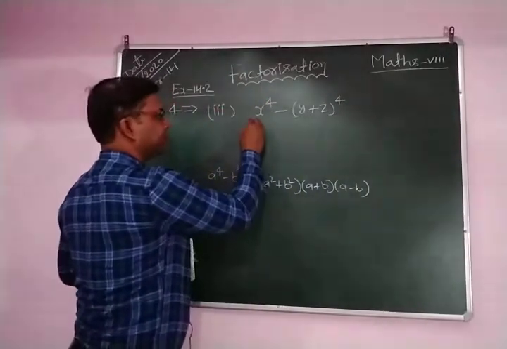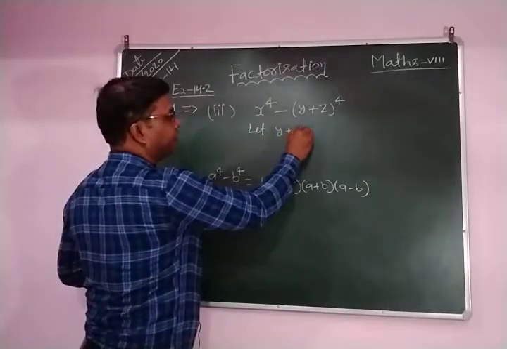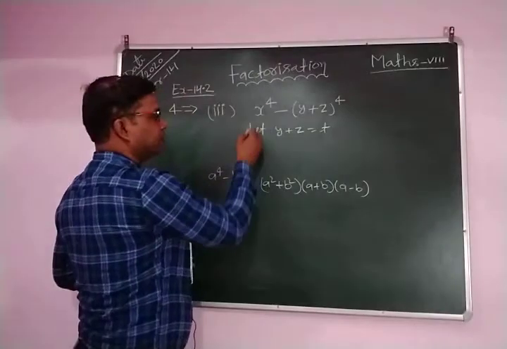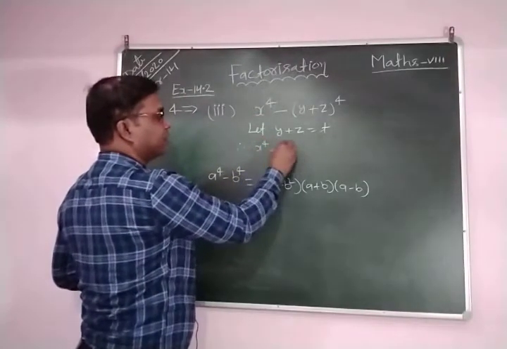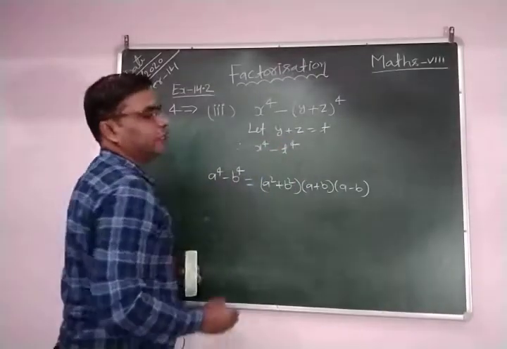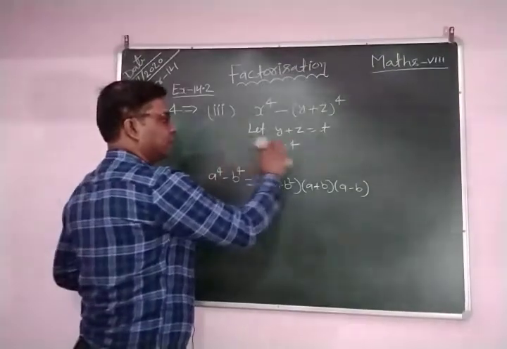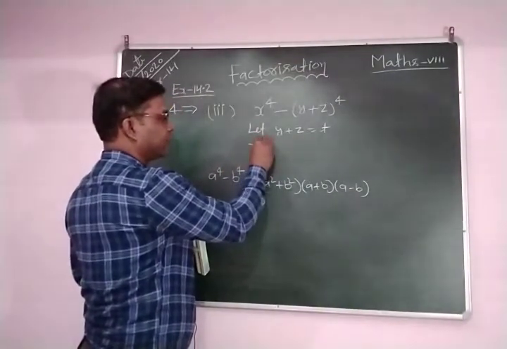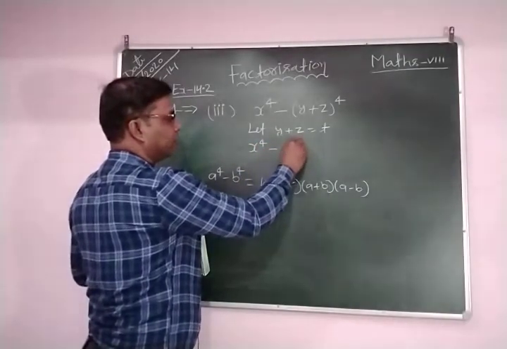For your convenience we let y plus z is equal to t. So this becomes x power 4 minus t power 4. This is clear. This becomes x power 4 minus t power 4 if you take y plus z is equal to t.